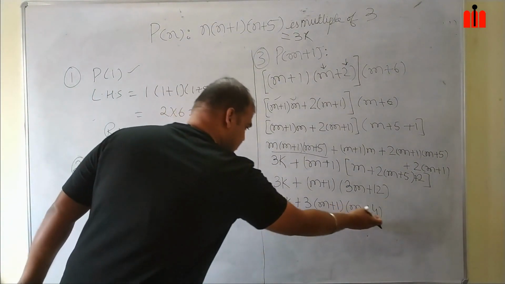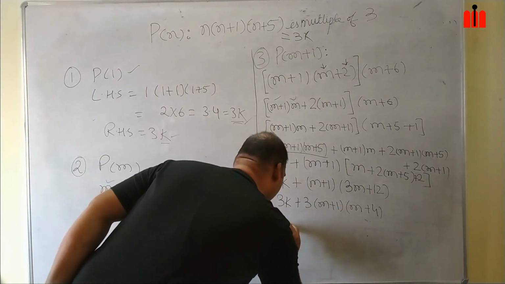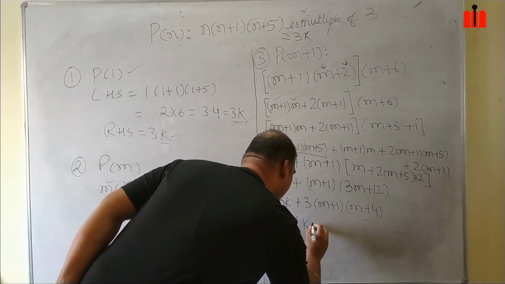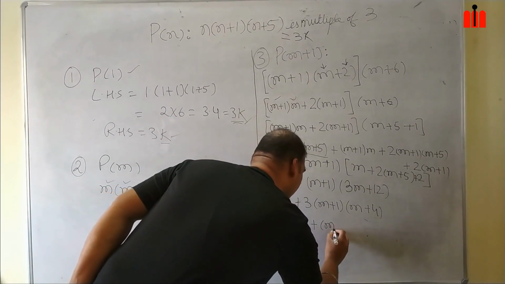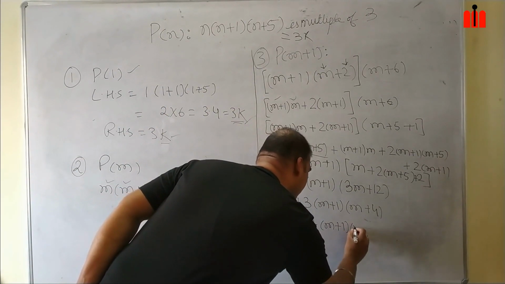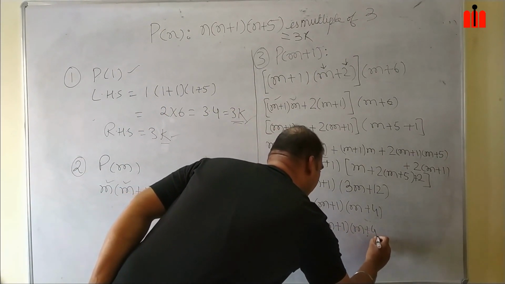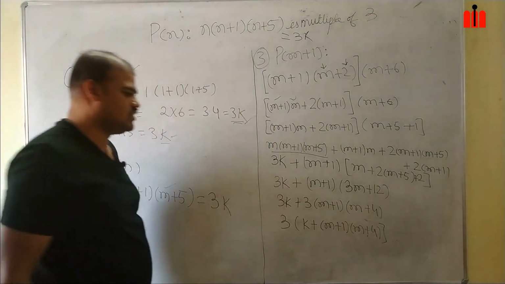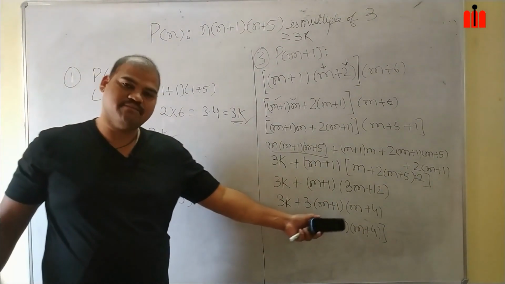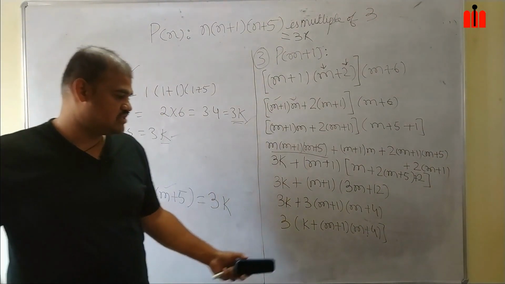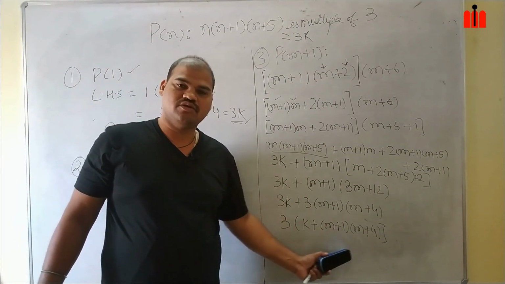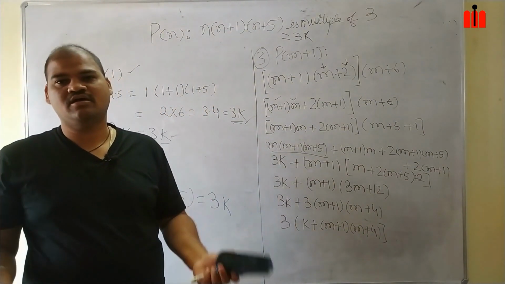Now take 3 common from the entire thing, you will get 3 into k plus m plus 1 into m plus 4. This entire k plus m plus 1 into m plus 4 is a number.